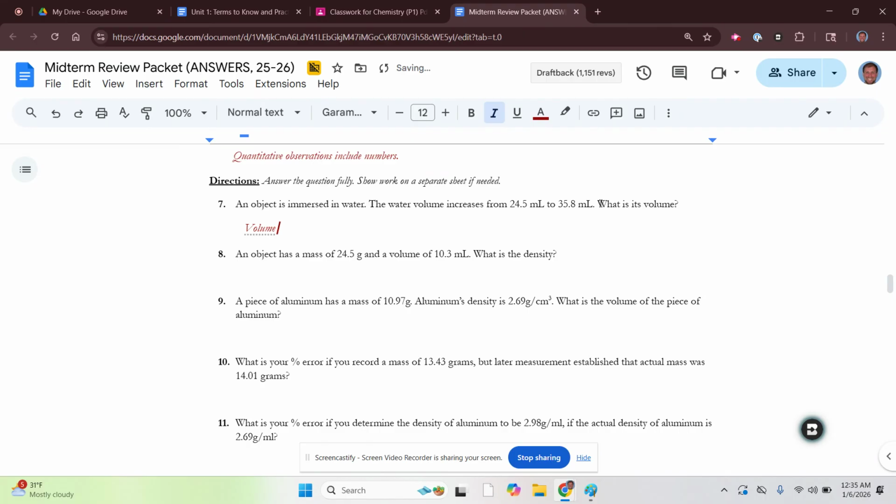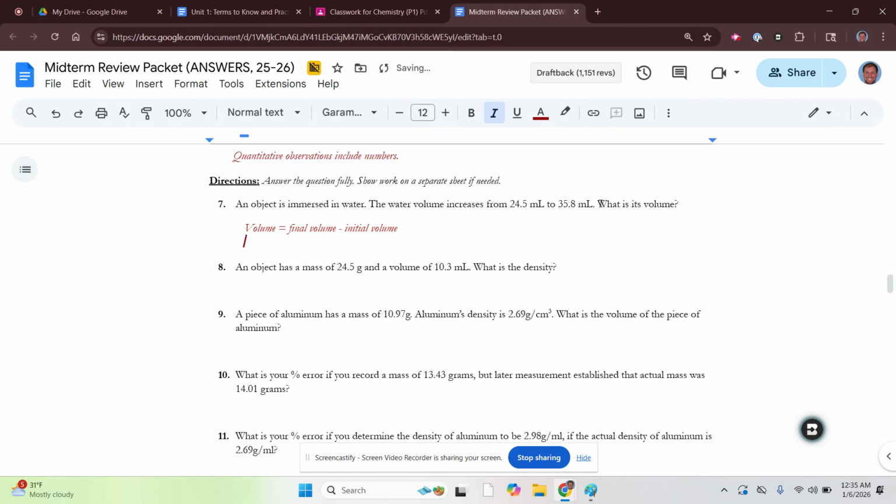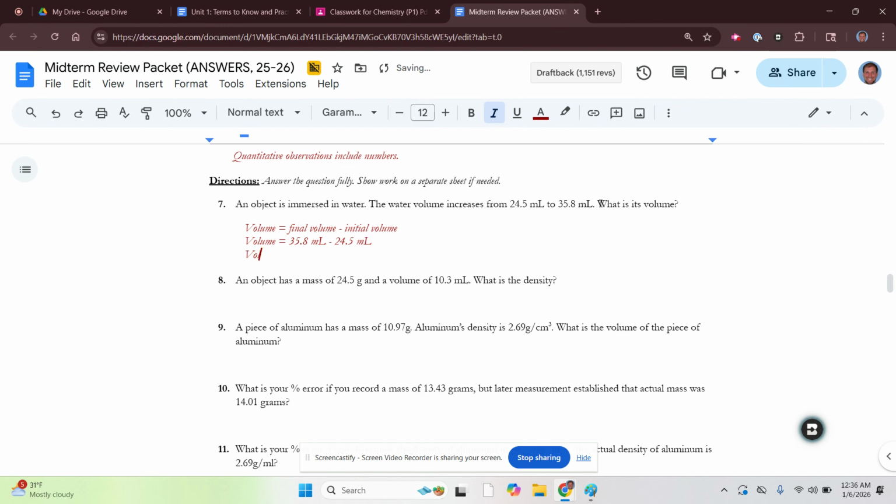The volume of an object is equal to the final volume minus the initial or starting volume. So the volume is equal to 35.8 milliliters minus 24.5 milliliters, all right? So what does the volume equal?